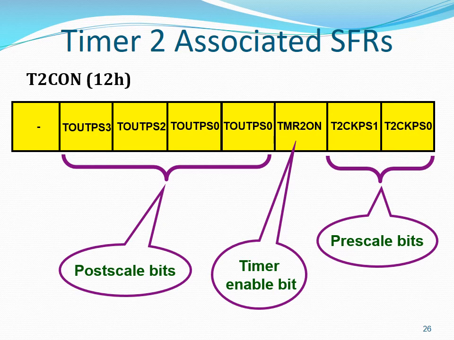T2CKPS1 and T2CKPS0 are the bits that are used to define the prescale ratio. TOUTPS3 through to TOUTPS0 are the bits that are used to define the postscale ratio.